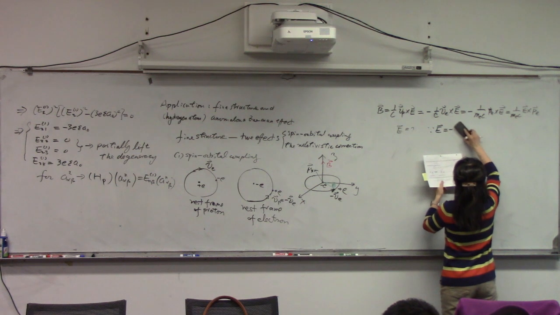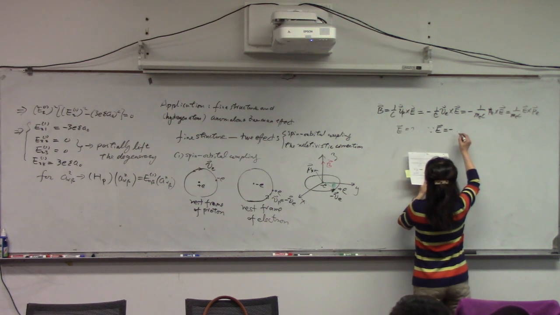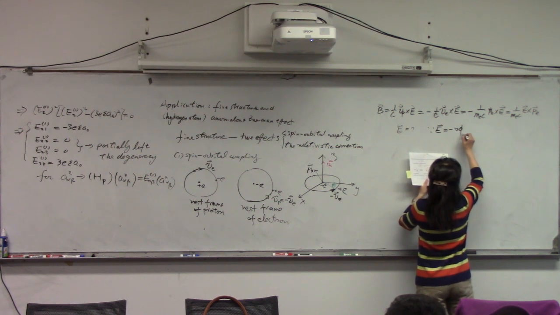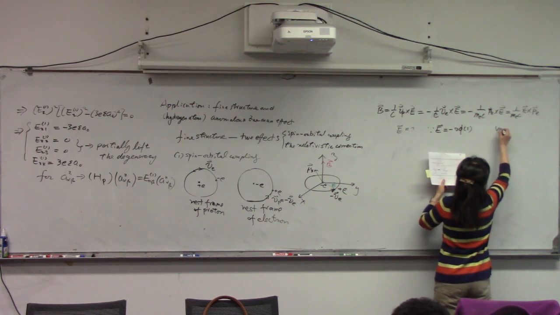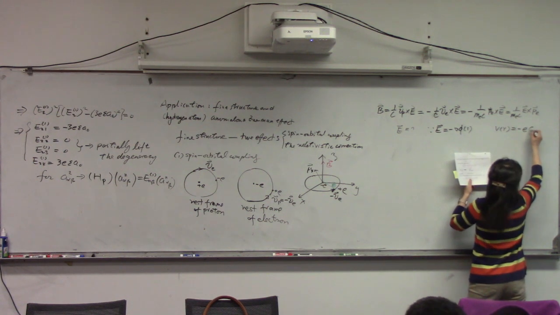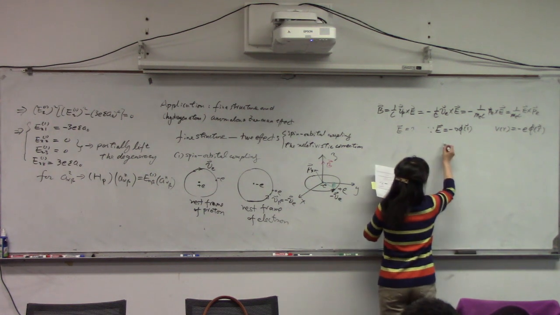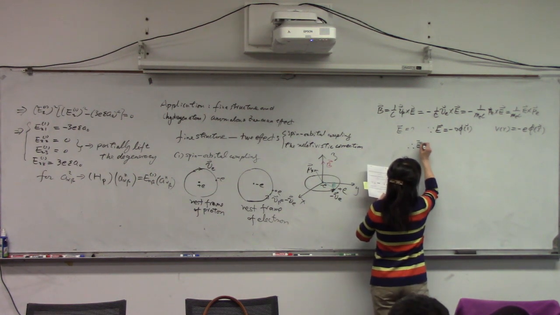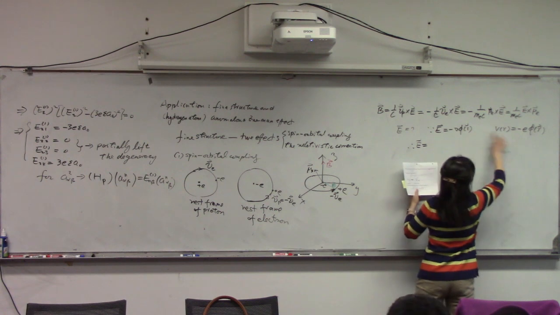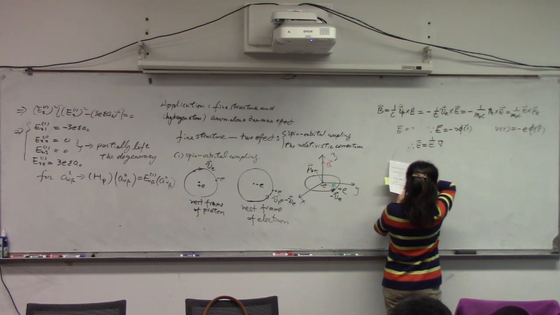Okay. Minus potential energy. Here, the potential energy, this is potential, right? Potential energy is minus e V. So we have E is now negative, negative became plus, 1 over e.